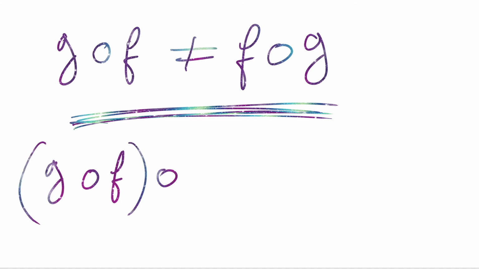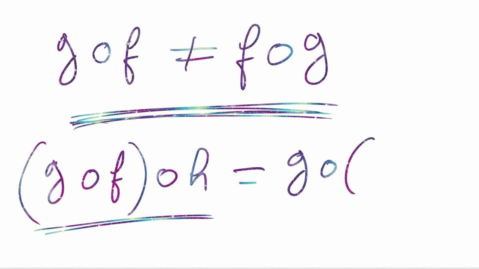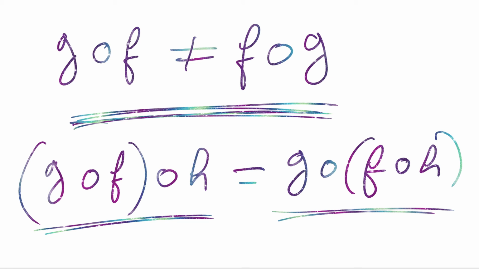And now another trick that you have to know is, if you do g round f round h, you can change the way the parentheses look, but the order of the expression is still the same. I can rewrite it just like g round f round h. This is fine, right? So it's the same thing. I can change it this way, and this is fully correct.